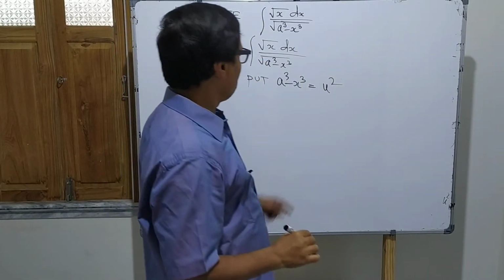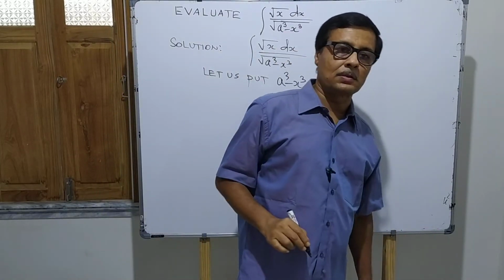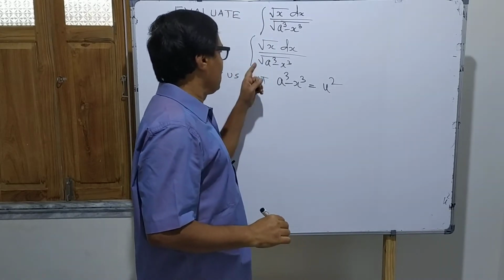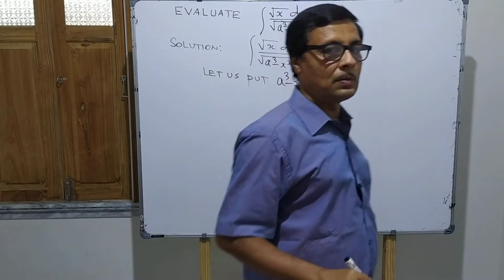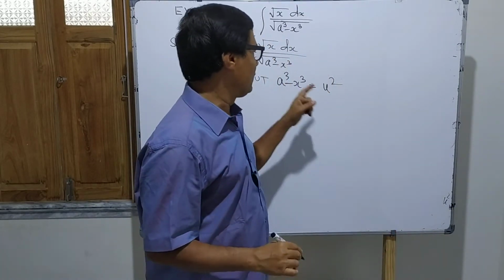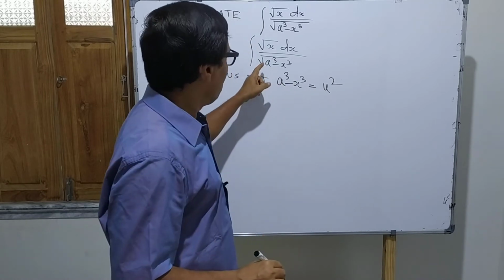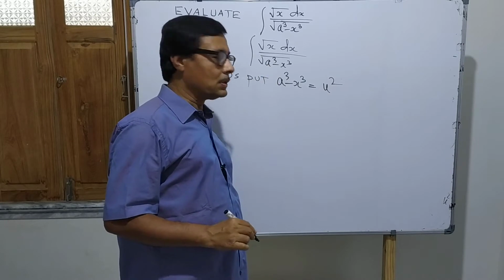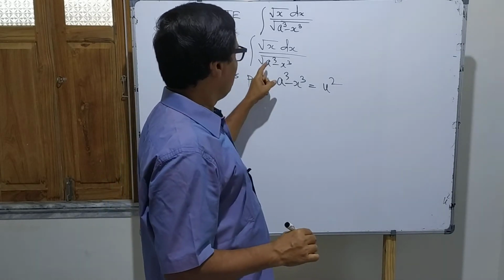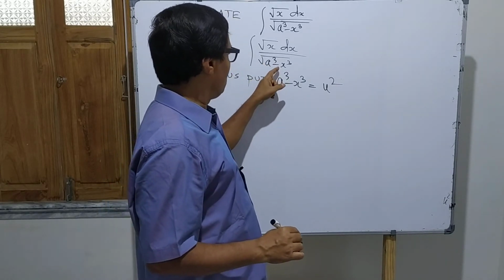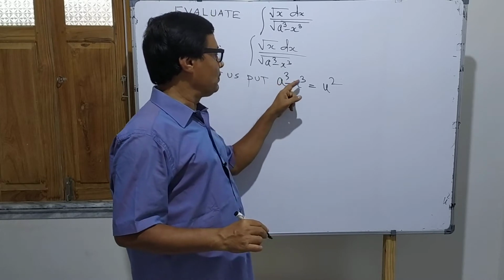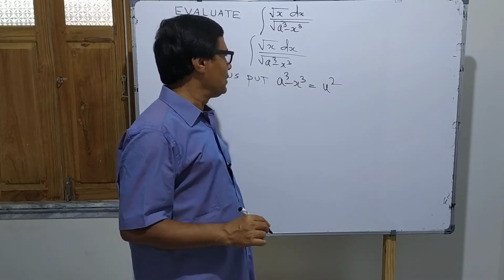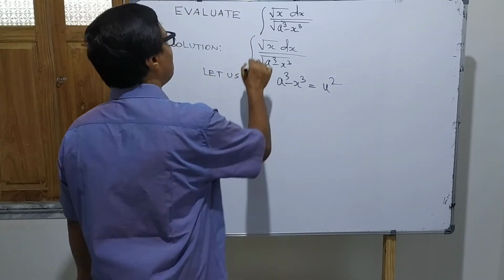We substitute u square for a cube minus x cube such that the square root in the denominator is removed. The square root of the denominator is removed when we put a cube minus x cube equal to u square.